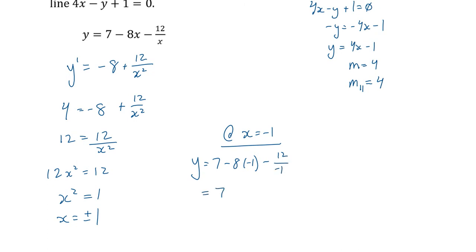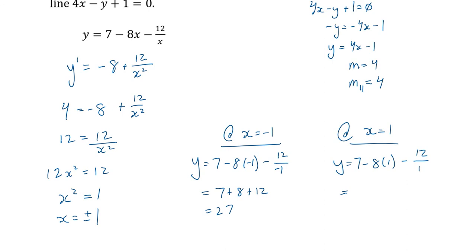So this is 7 plus 8 plus 12, which is 27. And then at x equals +1, that's 7 minus 8 minus 12, which looks like -13.